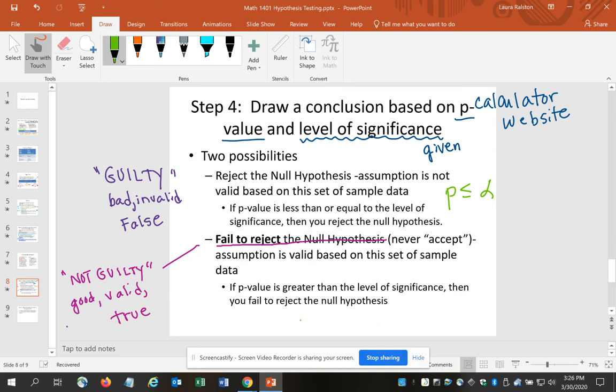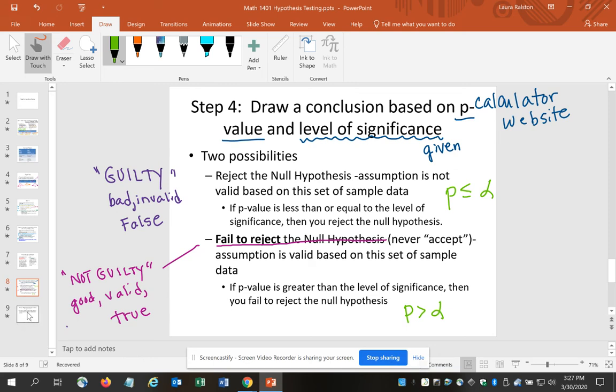For fail to reject, if p is greater than alpha, we fail to reject the null every time, all the time. So it's simply comparing your p-value from your calculator or website to the level of significance. That's going to determine whether you reject or fail to reject.